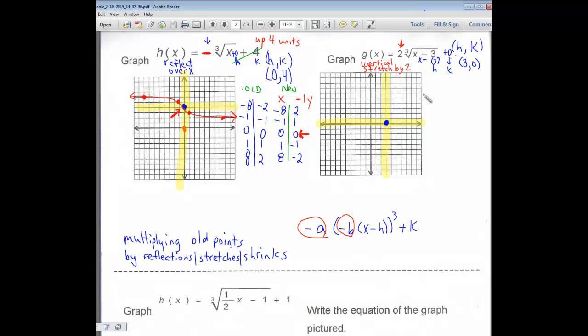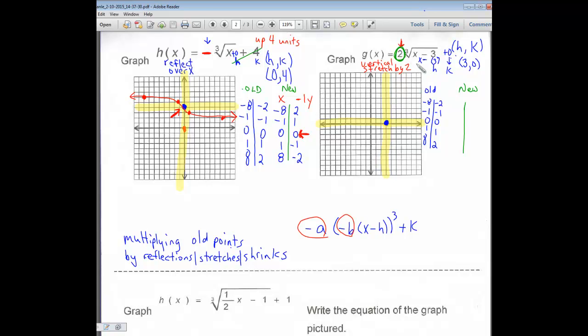Now remember, the old values of the cube root parent function were negative 8, negative 1, 0, 1, and 8 for the x values, negative 2, negative 1, 0, 1, and 2 for the y values. We need to figure out what are the new values, what's happening to x and what's happening to y.